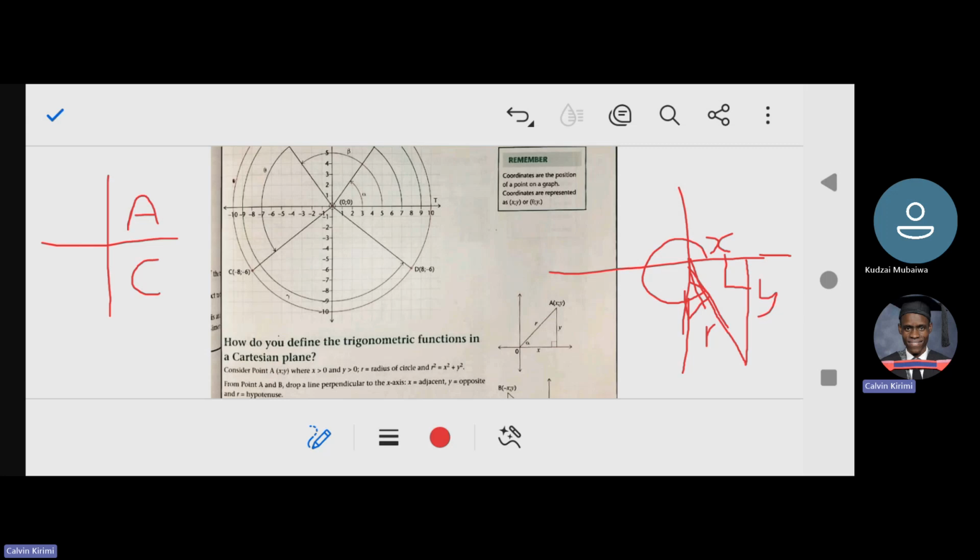What is sine beta in that quadrant? What is sine beta in this quadrant? Please just quickly write it down.